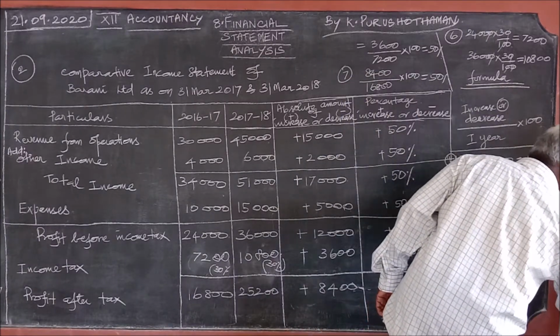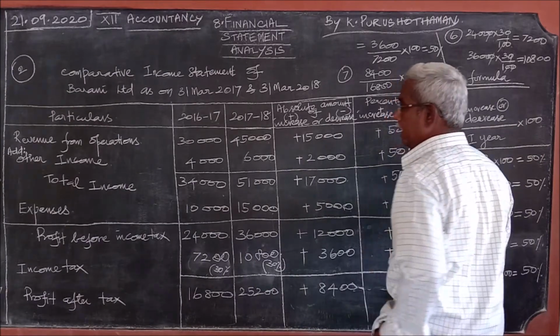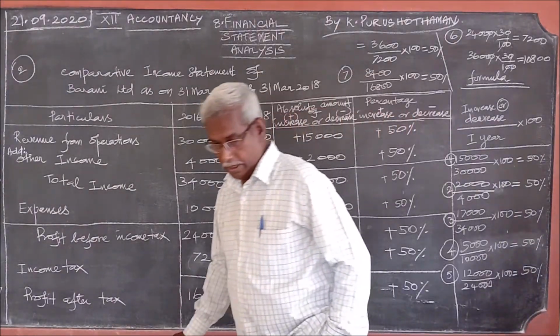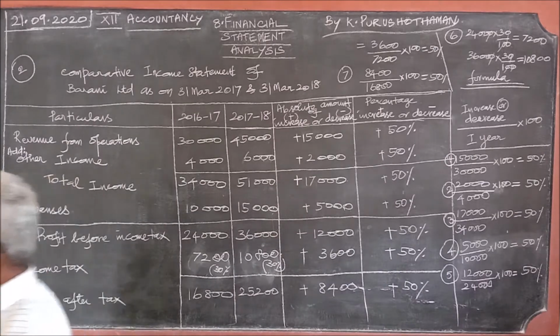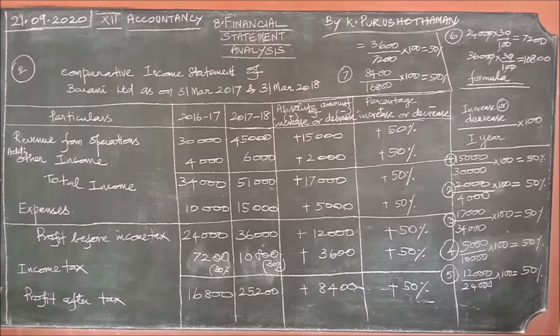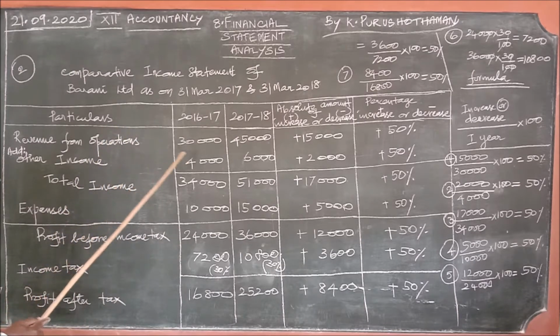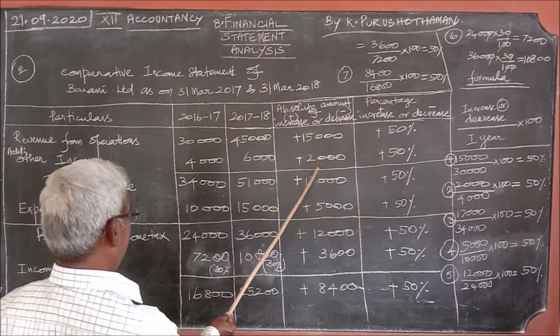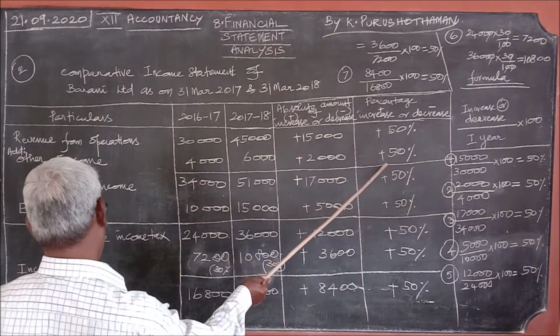There are certain points which you should know for doing this tabular column. What are they? In the problem given, there are these 4 items and the income tax slab. But when you prepare the table, for each and every item, you should find the increase or decrease and show it in percentage.